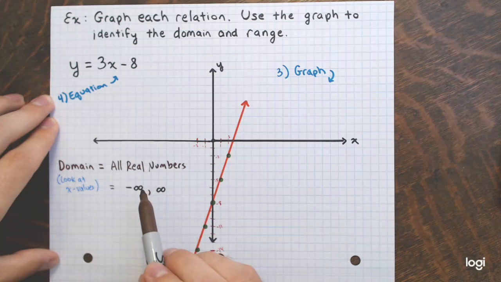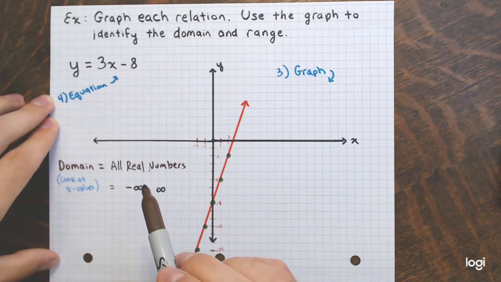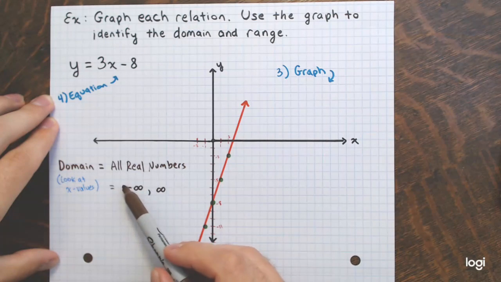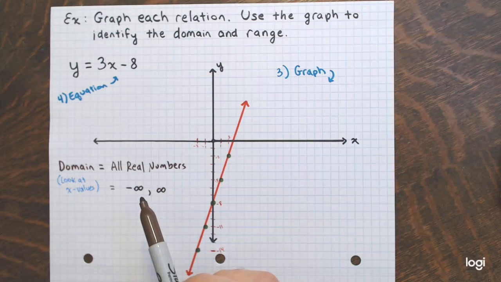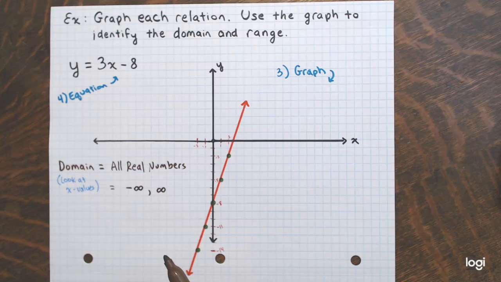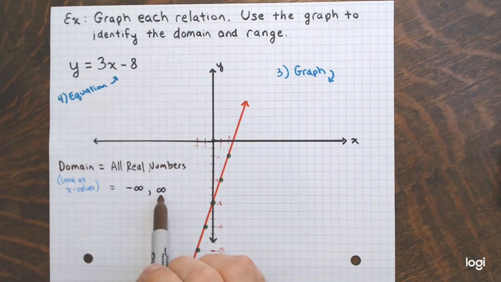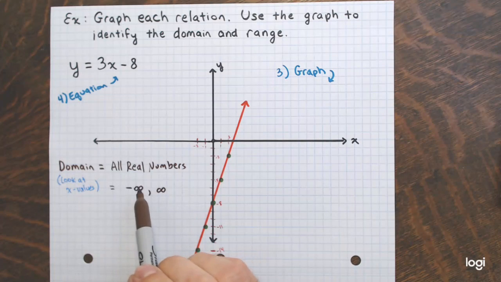Every value on the x-axis has some point on this graph that it's an x value for. And then on the ends of these, you cap them off with either a parenthesis or a square bracket, depending on whether or not those endpoints are actually part of the domain, actually part of a solution. And negative infinity and positive infinity are not numbers. These are concepts.